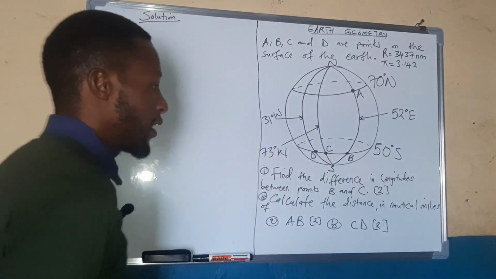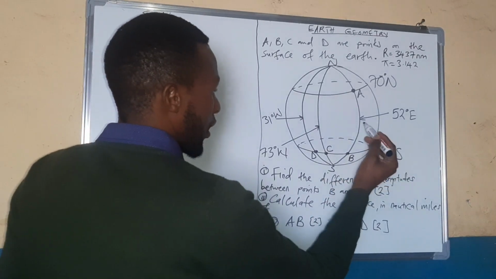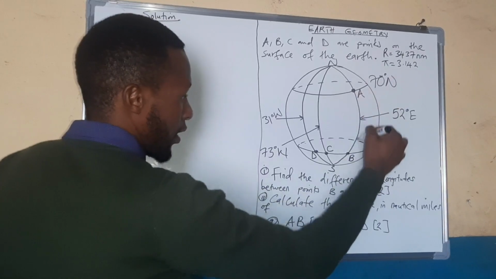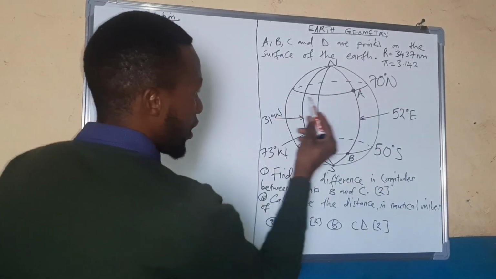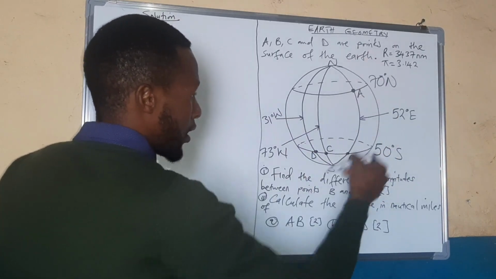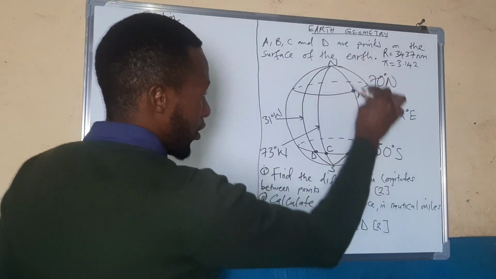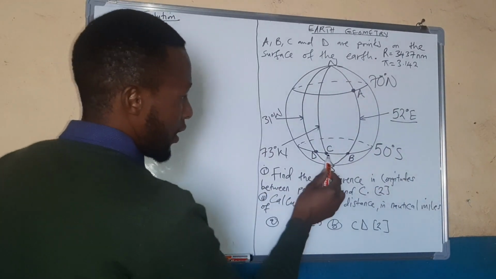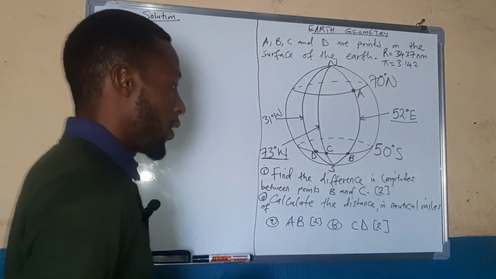The lines running from north to south are longitudes, and these are latitudes. So you only have two latitudes and three longitudes. B is seated on longitude 52 degrees east, and C is seated on longitude 73 degrees west.